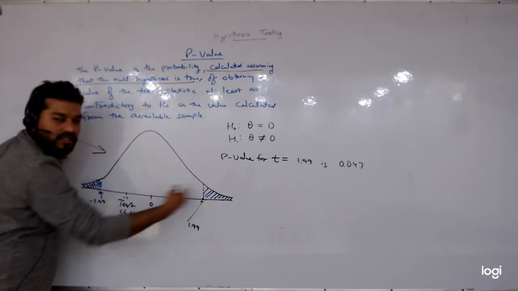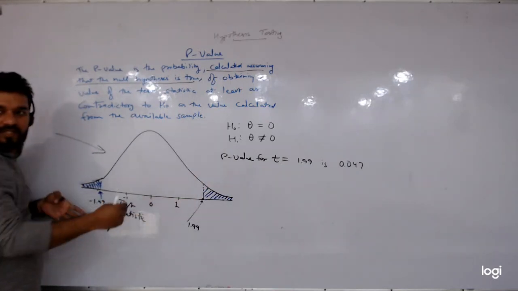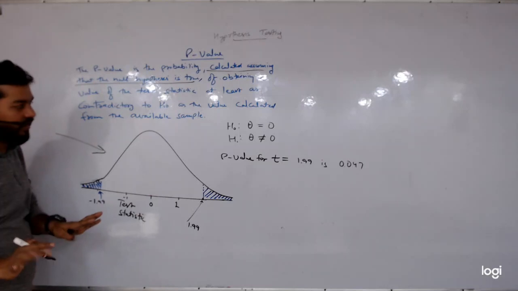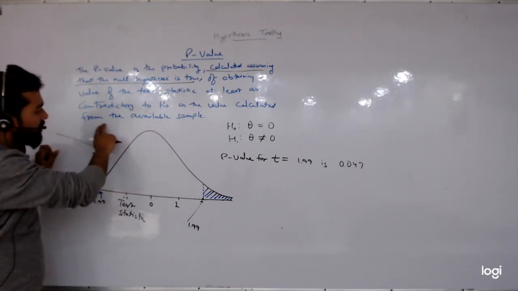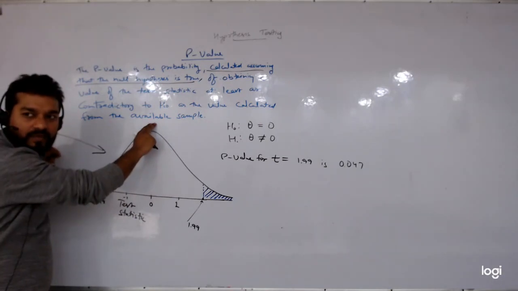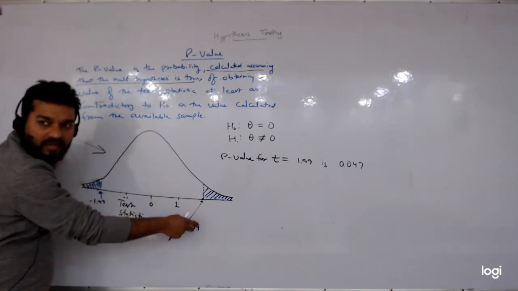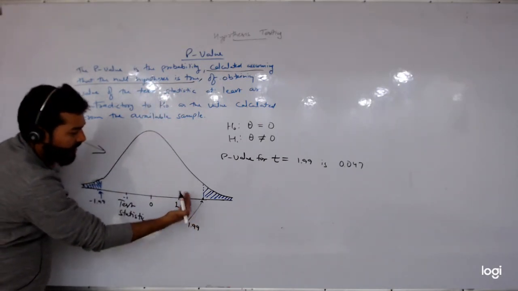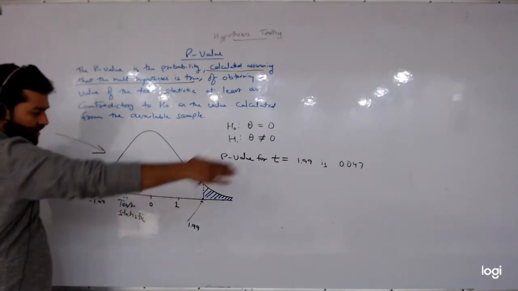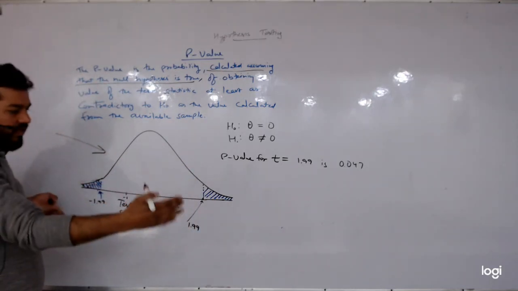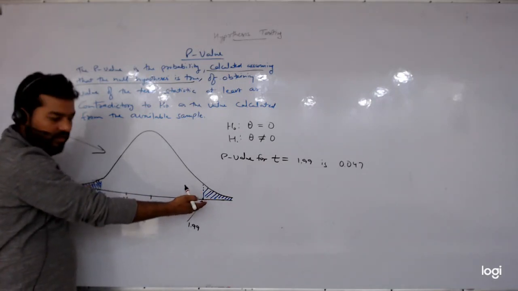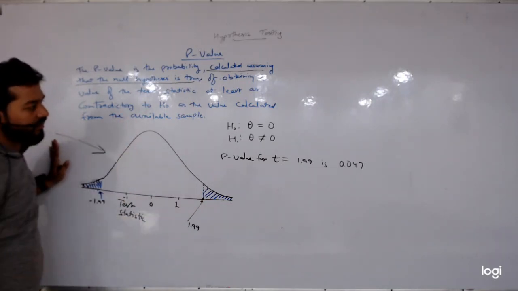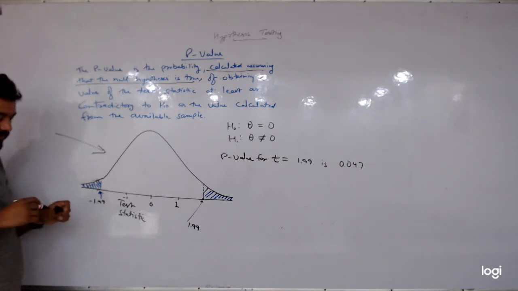Okay, if it's far away from the center, it is contradictory to the null hypothesis, at least as contradictory as the one calculated from the available sample. The probability value then is the area in the extreme tails, which is the probability of getting more extreme values, or at least this one. This is what it is.